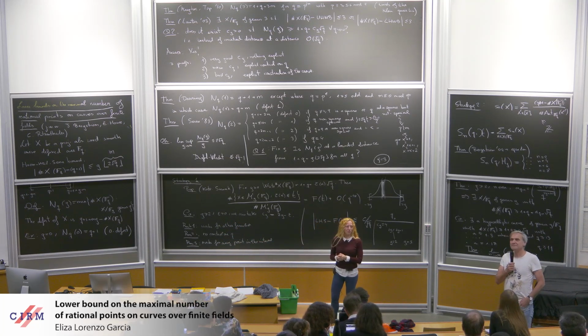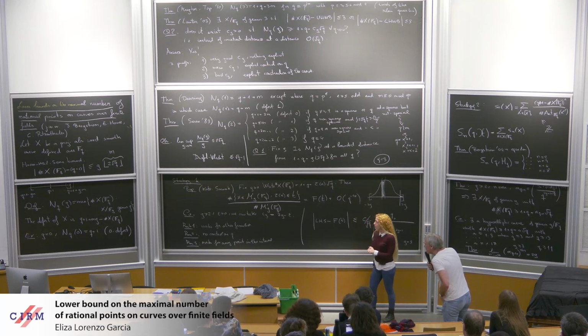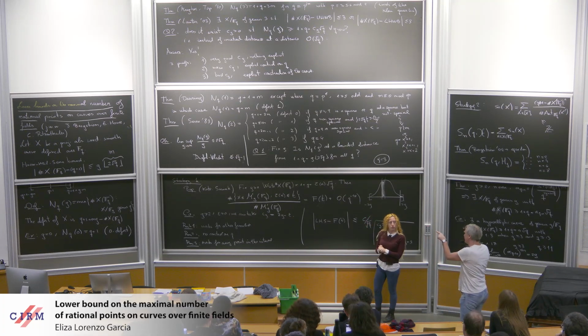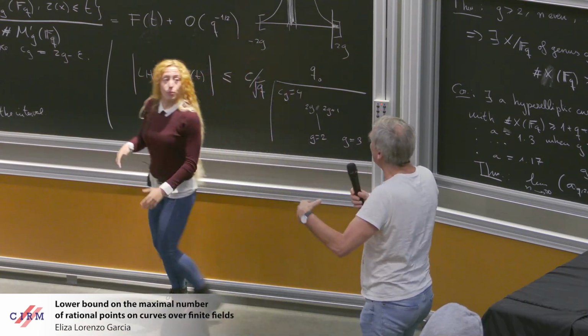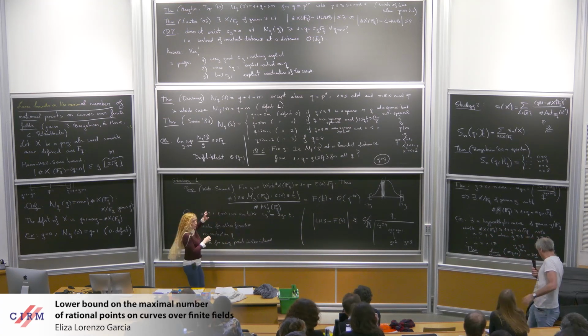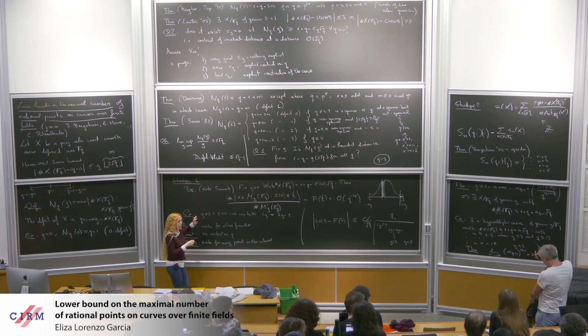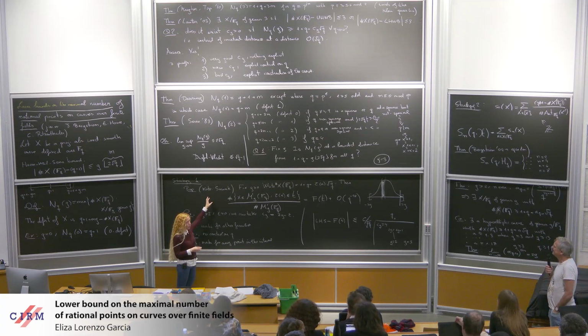Other questions? I have one. What do you mean it works for other families? Do you have to prove the Katz-Sarnak theorem for subfamilies of the moduli space? Actually, the Katz-Sarnak theory works for families.